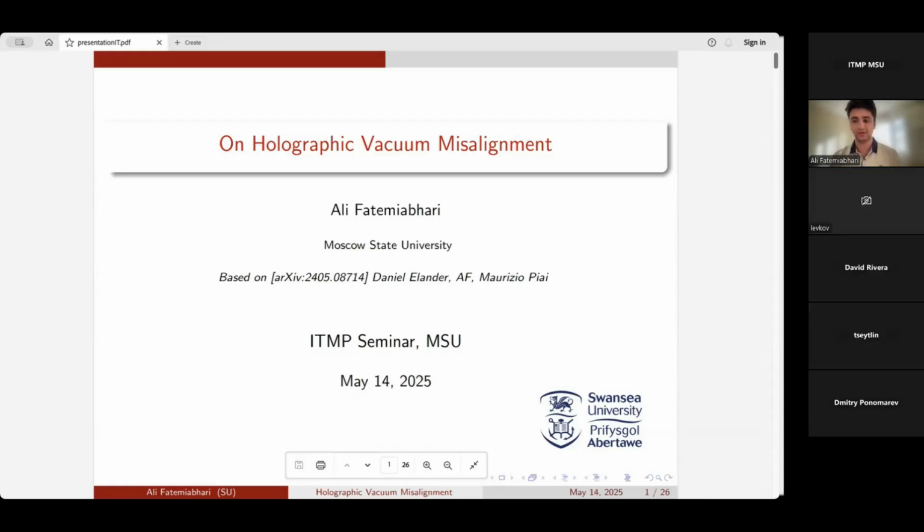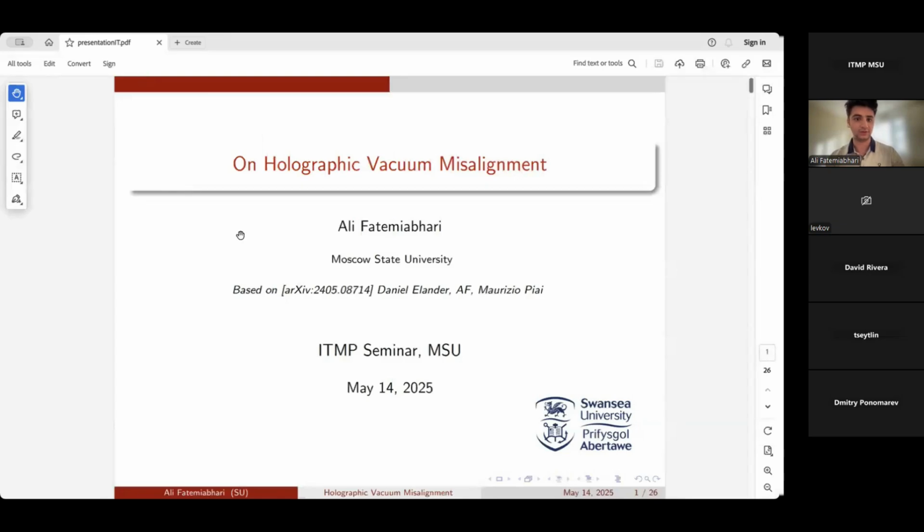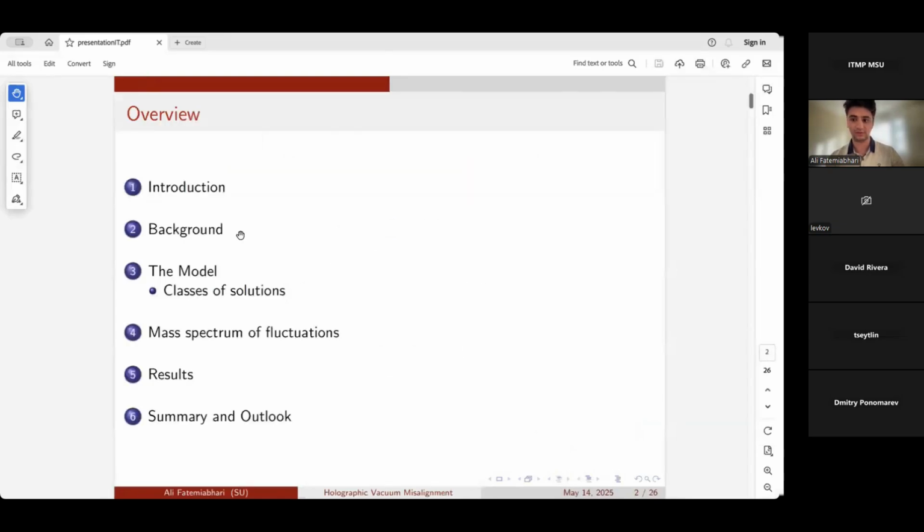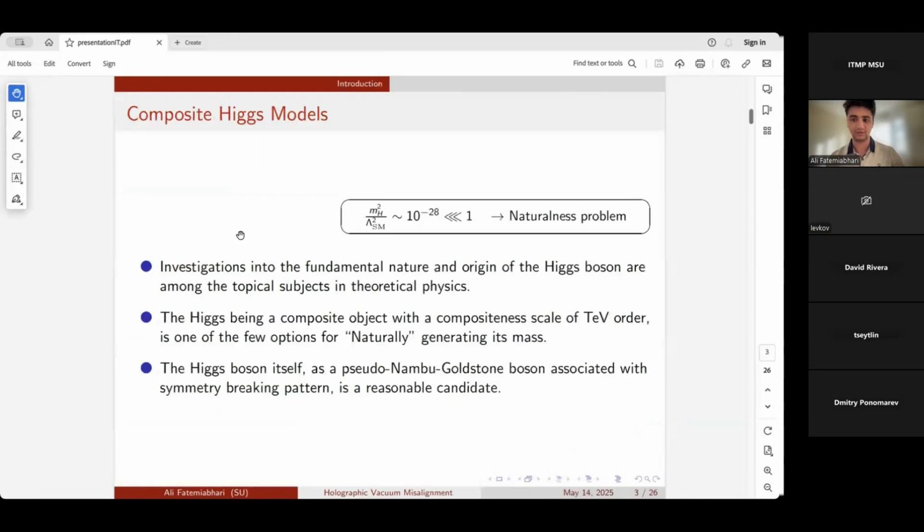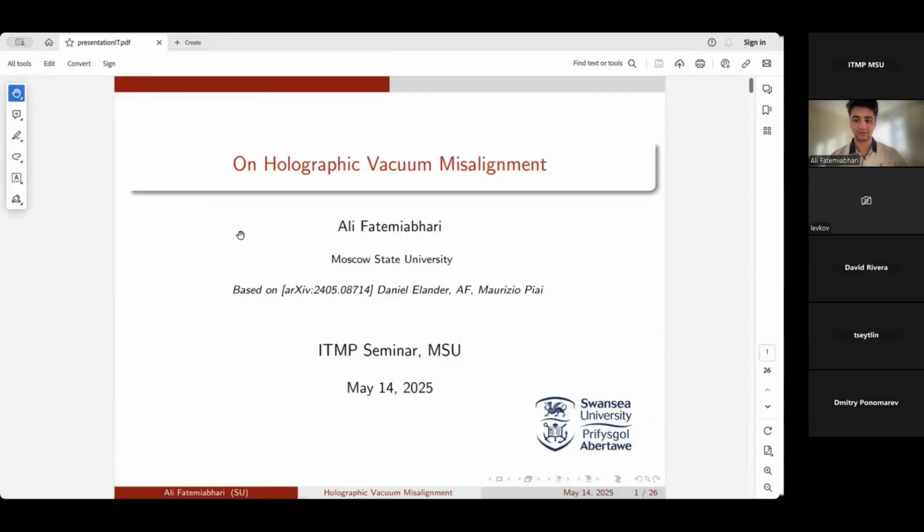Ali, are you showing another slide? Because I'm seeing the slide with the title, the first slide. Maybe it's locally the problem of my computer. Sergey will tell us, but I'm seeing only the first slide. I also agree, I also saw only the first slide. Okay, let me try again.